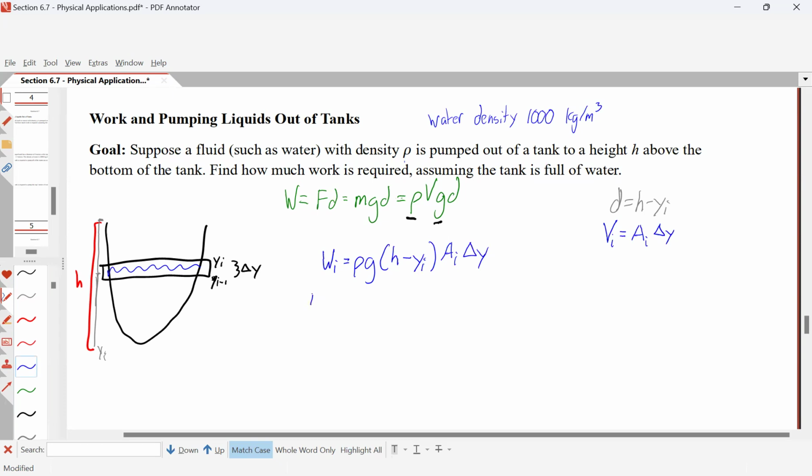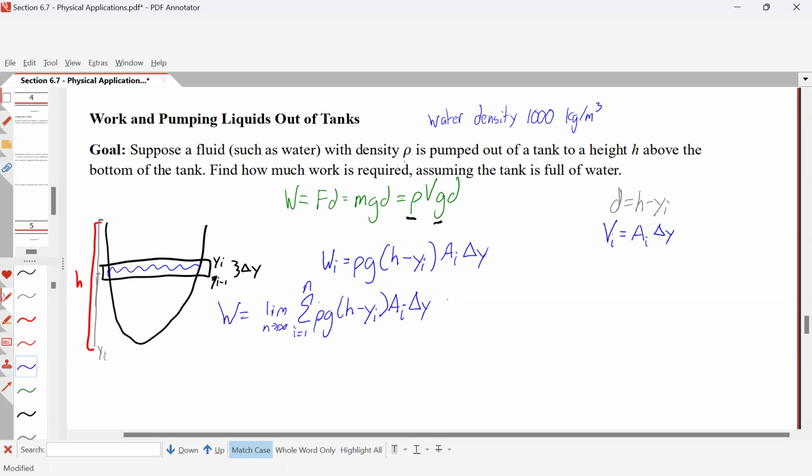Same pattern as always. Add up all those little pieces of work to pump the water out, from i equals 1 to n, and take the limit as n goes to infinity.